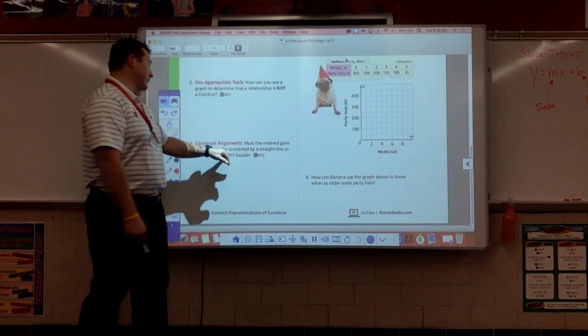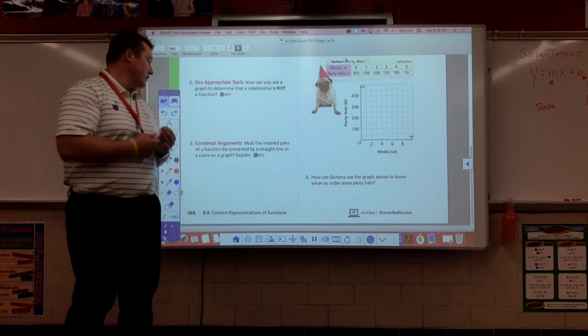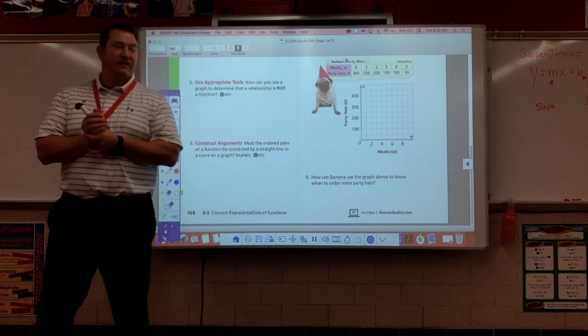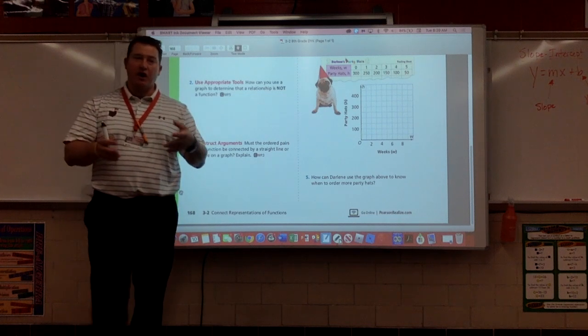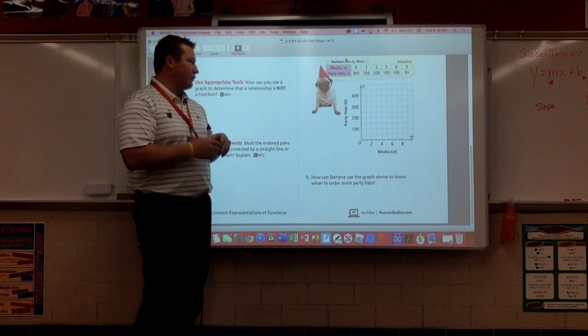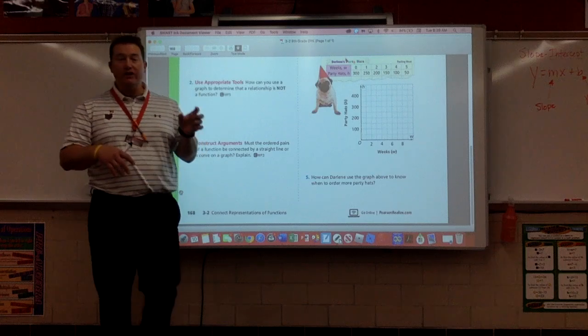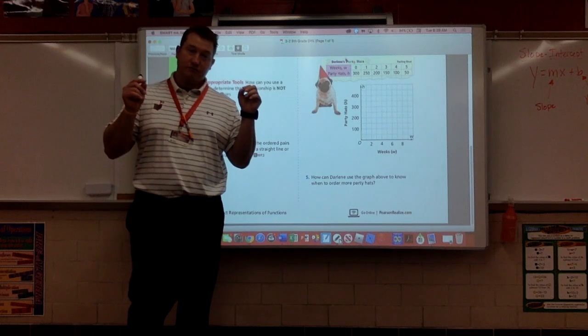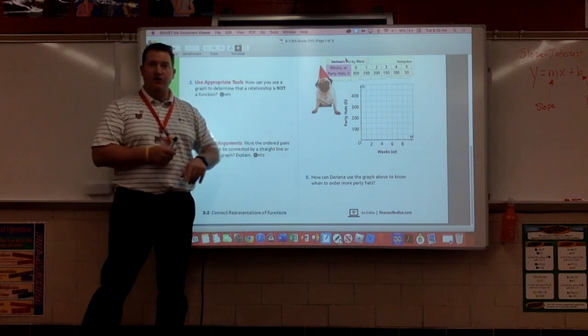Must the ordered pairs of a function be connected by a straight line or a curve on a graph? Explain. No, guys, they really don't have to be. So this might be a little bit more than what you need to know, but we have 2 kinds of graphs out there. We have what we call continuous graphs and discrete graphs. Discrete graphs are just made of dots. Continuous graphs, those are the ones with lines and curves in them.